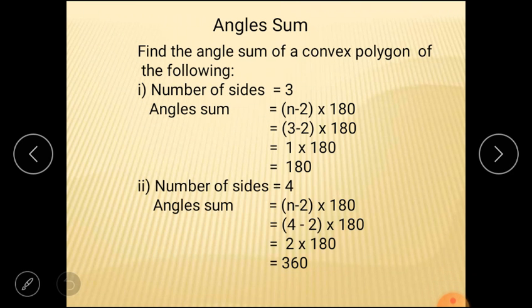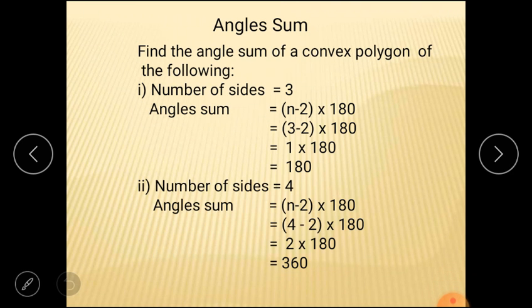If it is 4 sides, what is the name of that polygon? Yes, quadrilateral. So the angle sum is equal to (n minus 2) multiplied by 180. So (4 minus 2) multiplied by 180, we are getting 2 multiplied by 180. How many degrees is it? 360 degrees.